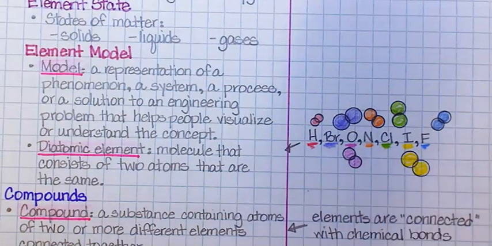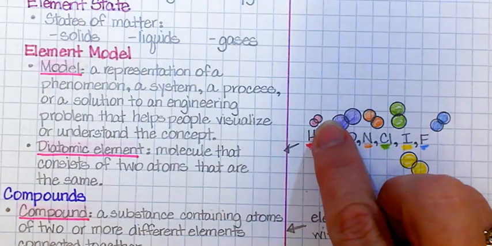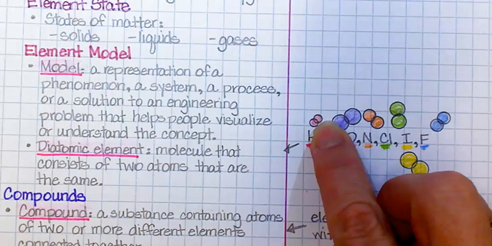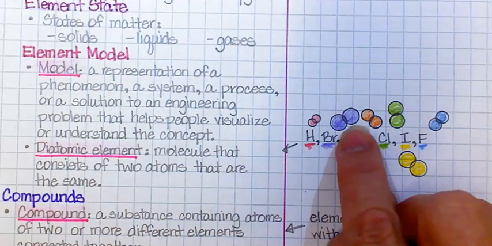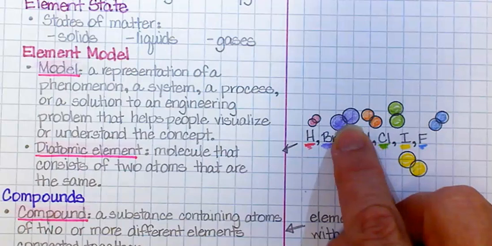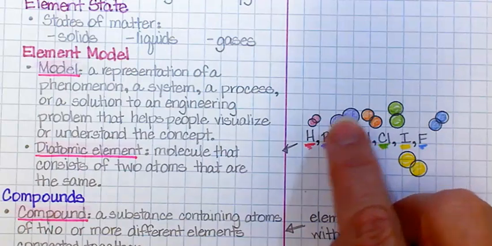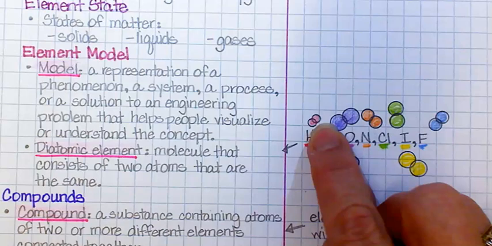So if you have hydrogen gas, what you actually have are little pairs of hydrogen atoms because they link up and they hang out as a molecule of two hydrogen atoms. Okay? Bromine does the same thing. It makes a molecule of two bromine atoms, okay? They're both colored the same because they're both bromine. They're both colored the same because they're both hydrogen, that kind of thing.